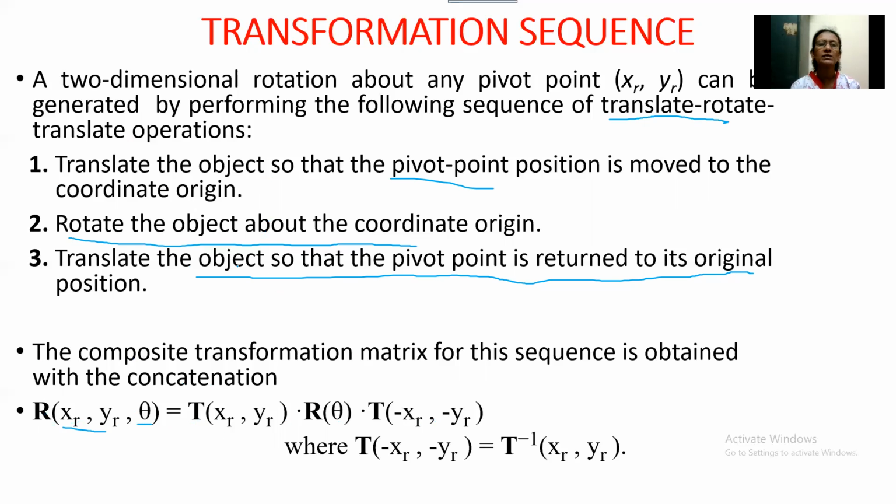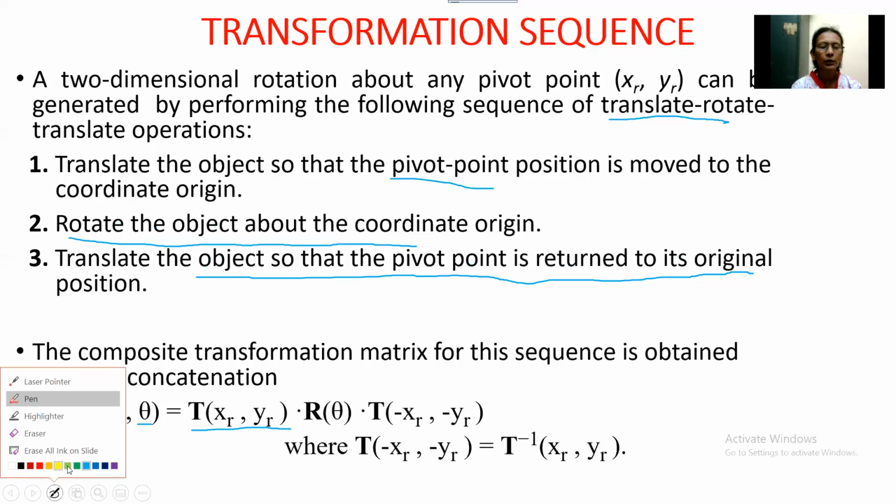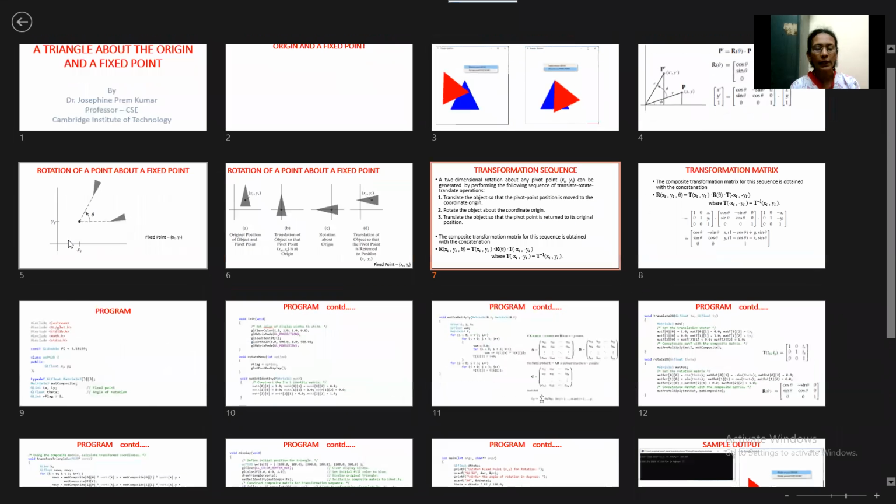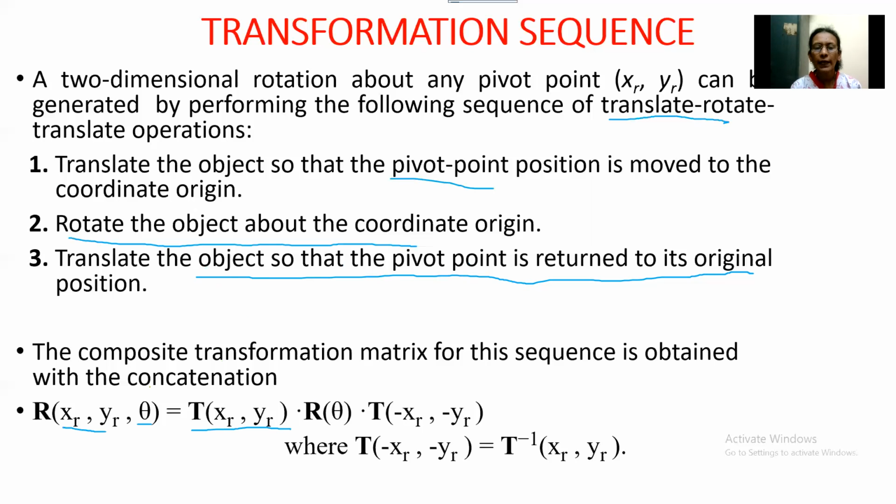We know that when we have a sequence of transformations in the composite transformation matrix, we first write the last transformation that is to be done. In our case, it is translating the object back to its original position, that is, translation by xr yr. Next, we write the last but one transformation, that is rotate the object about the coordinate origin, given by R theta.